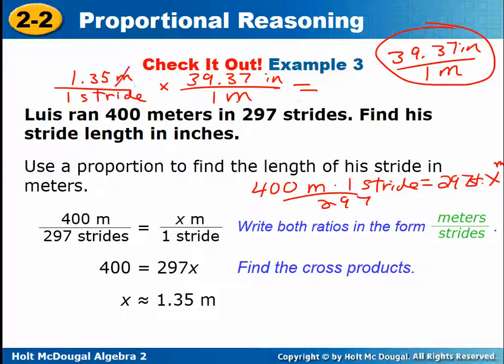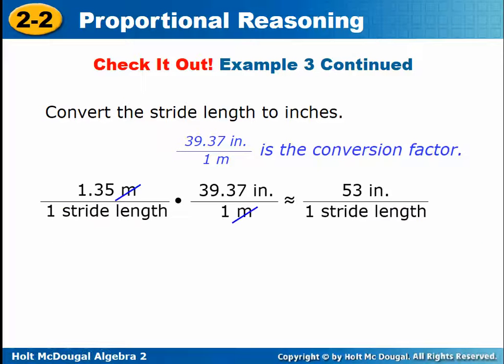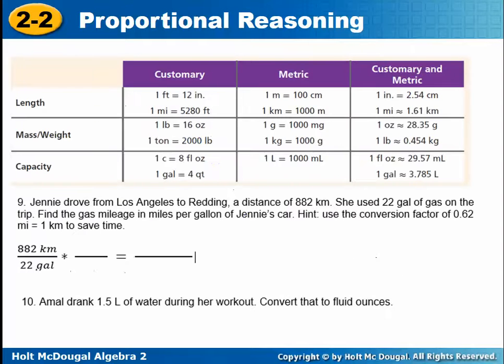So now the meters would cancel, and you can multiply 1.35 times 39.37 to get our inches per stride, which is what we're looking for. So that's about 53 inches for 1 stride. So we're converting measurements here.